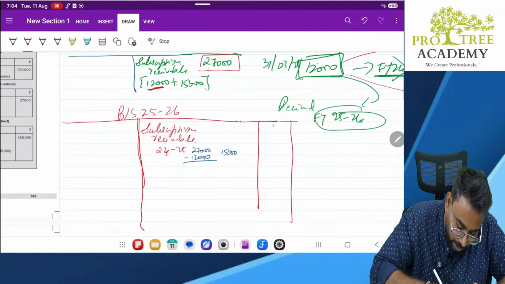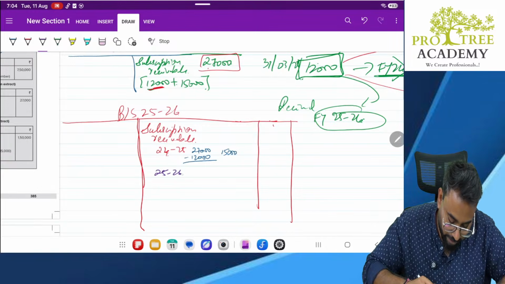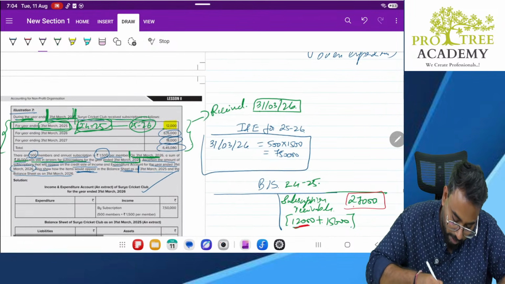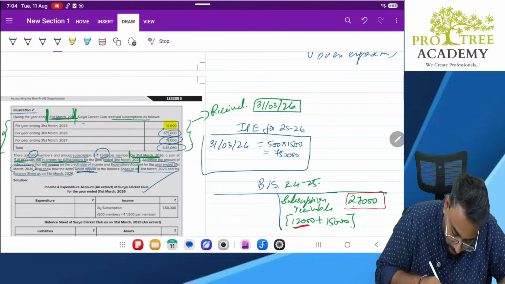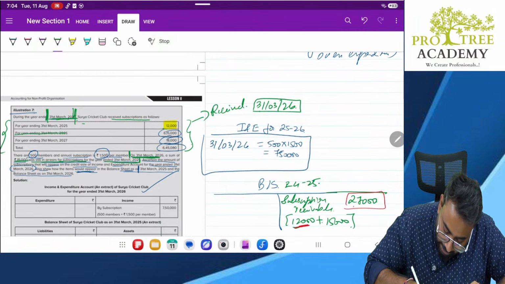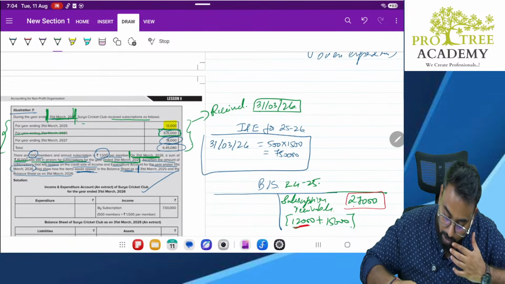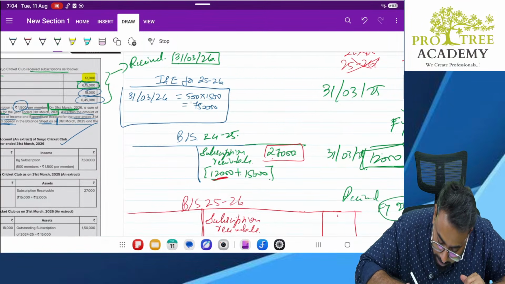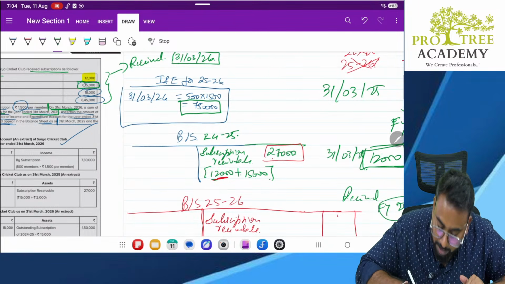Okay. Next we'll come to 25-26. Subscription received for 25-26. Now look here. How much is the subscription that is received for 25-26? 6 lakh 15,000. It is received. But how much is the income? You have only calculated, no? 500 members into 1500 rupees.